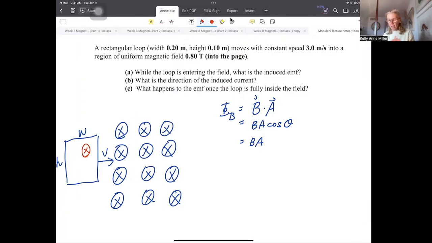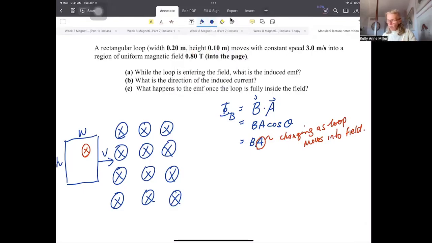So B times A. And this time it's the A that's changing as the loop moves into the field. Okay, and the B is constant.